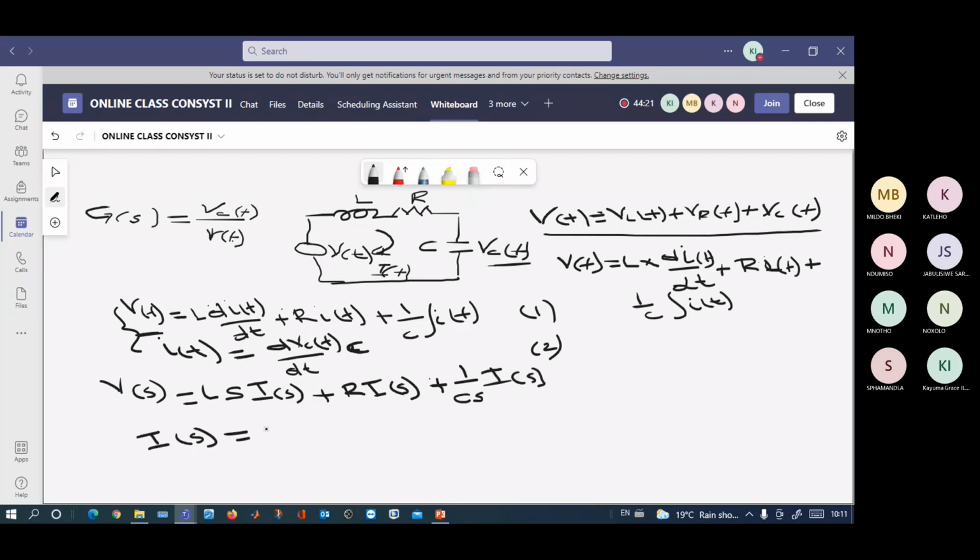Then down there, I of s is going to be equal to Vc of s times C s. Or you can just write it, for you to be able to see, it's going to be s.